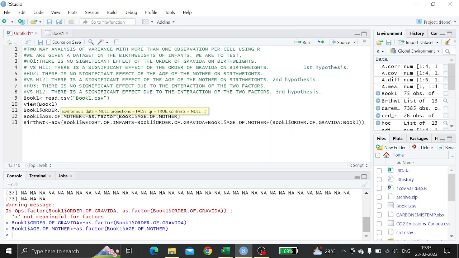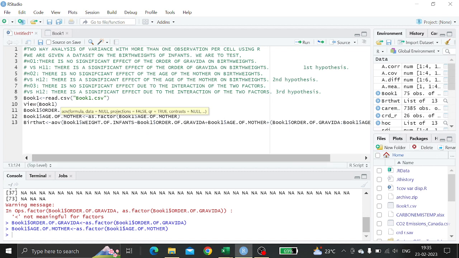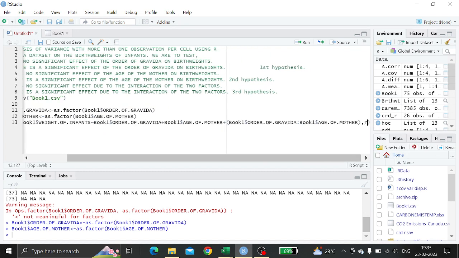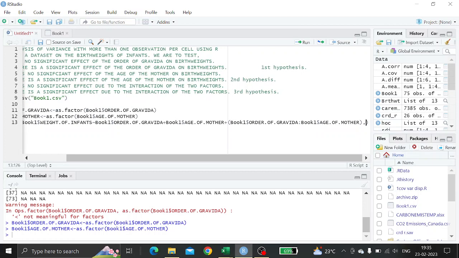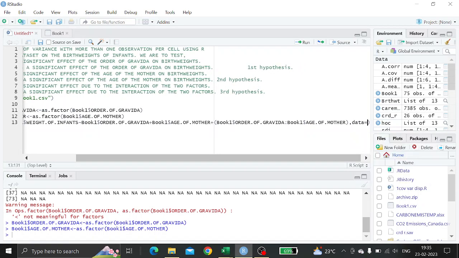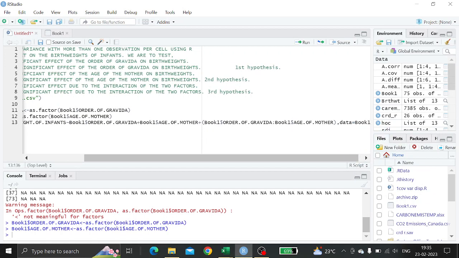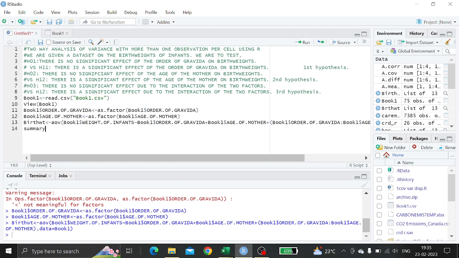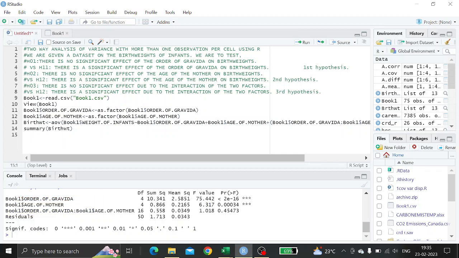Just have a look at how I have entered the interaction part. It is the most important part in this analysis, and now we have to tell which data we are using in the aov function, and just use the summary function to get the Anova table. That's it. We have got our Anova table here.